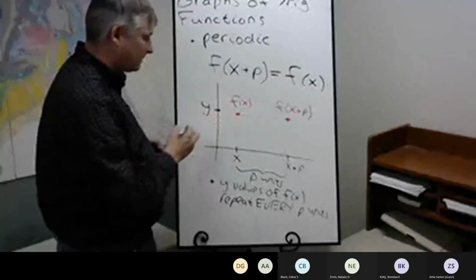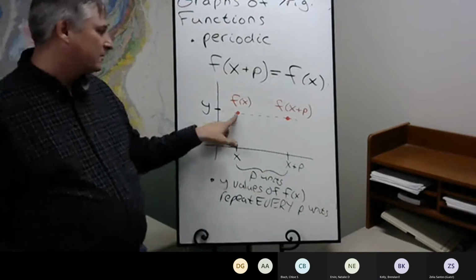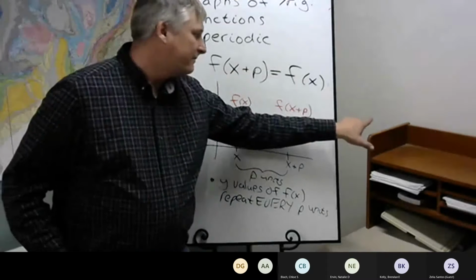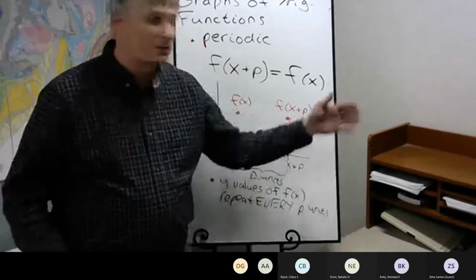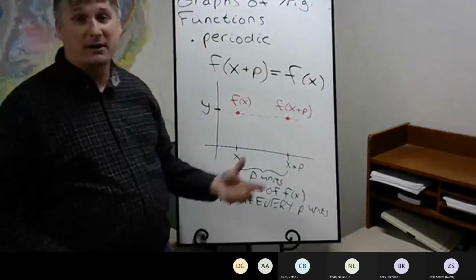So f of x plus p, f of x plus 2p, those are all going to have the same y value.